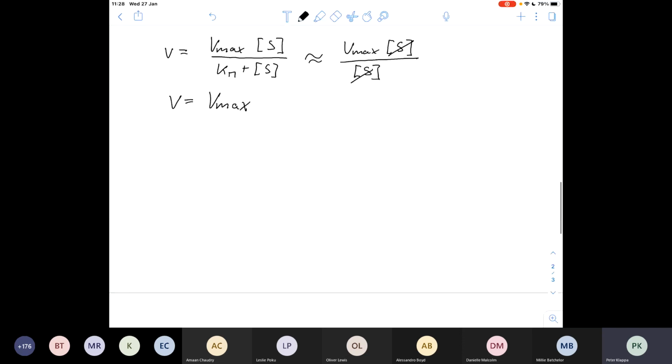So what does that actually mean for our plot? We have S, we have V, we have our Michaelis Menten curve, and when S is very large over here, then the rate will be Vmax. And if I make S even a little bit larger, the rate will still be Vmax.